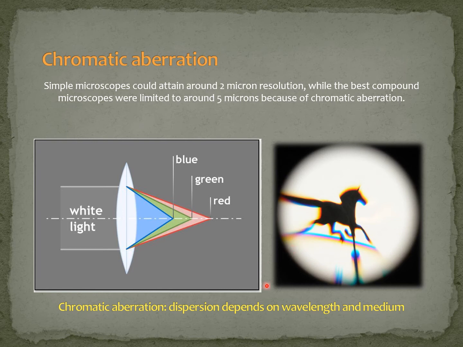Chromatic aberration is derived from the refraction of light that we saw a few slides back, and it is the dispersion of the colors that depends on the wavelength of the light ray and on the medium being traversed. Maybe we can see this better on the next slide.